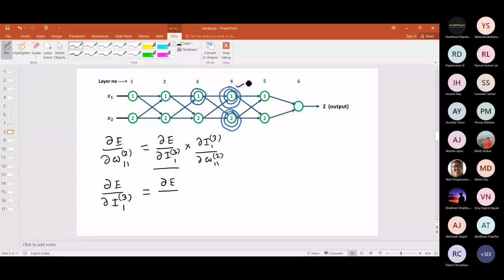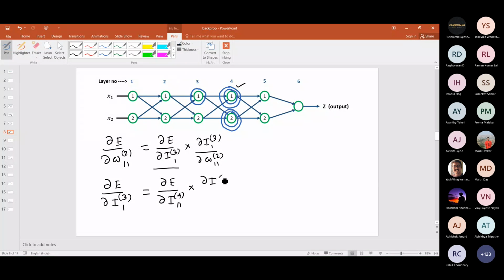If I focus on this one, then what can I do? So del E, I can write it down in this way: del E del I411, right? Because this is the input.